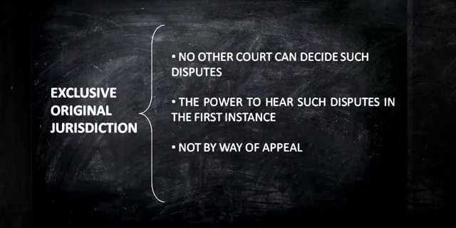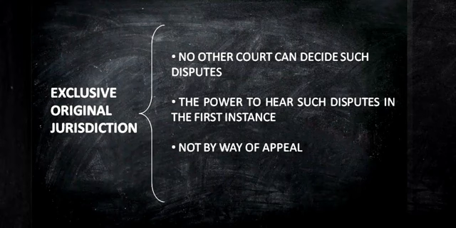Now, after the constitution came into force, whatever disputes there are between the central government, state government and other state governments will be resolved by the Supreme Court. Now, who will resolve those disputes which are considered pre-constitutional disputes?